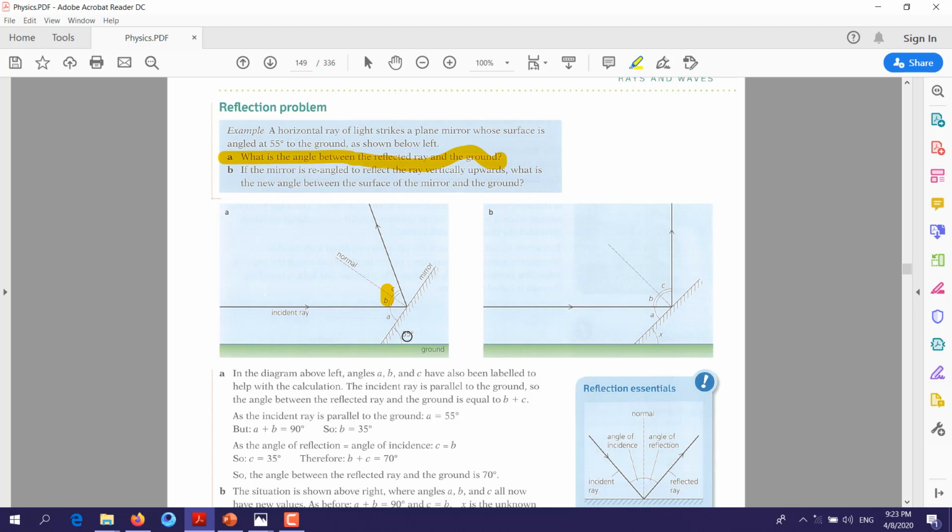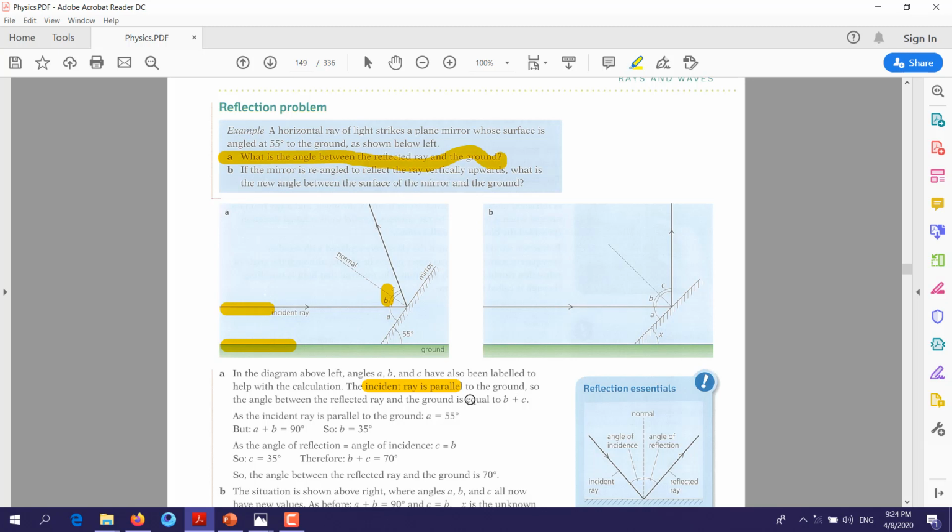Now, how to solve this question? In the diagram above left, angles A, B and C have also been labeled. They wrote A, B, C for us. The key to solve this question, you should focus here: the incident ray is parallel to the ground. So the incident ray and the ground, these two are parallel.